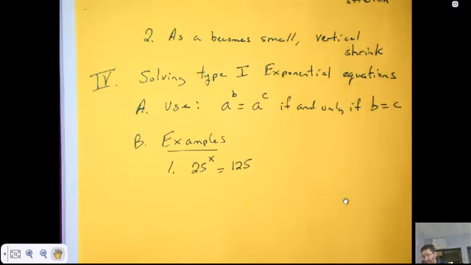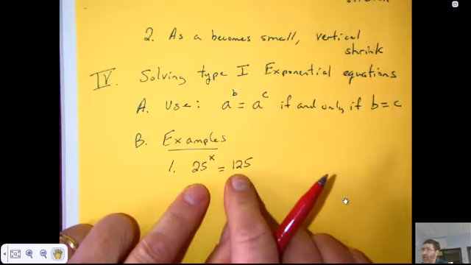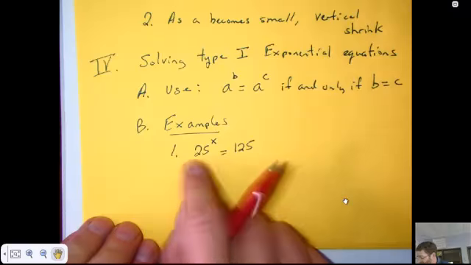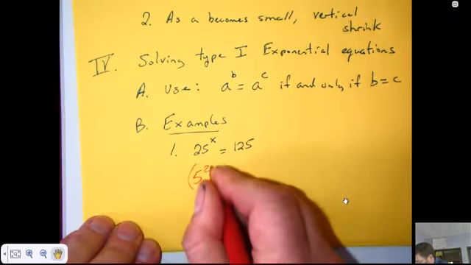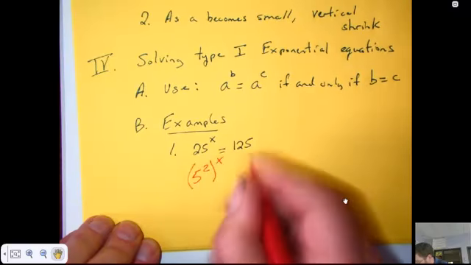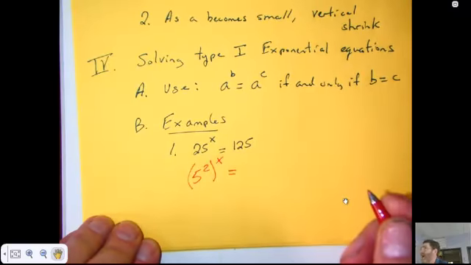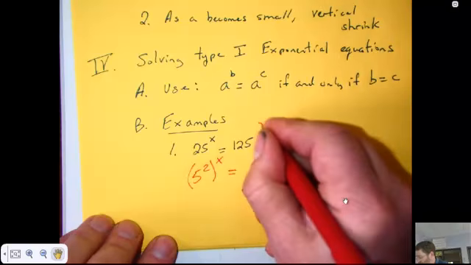So let's see. 25, how can I rewrite that? Well, what base would fit both 25 and 125? 5, right? So 25 is actually 5 squared, and that would be up to the x power. So I'm rewriting with the same base.